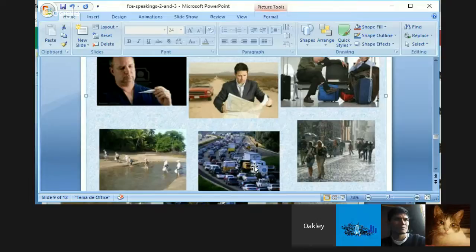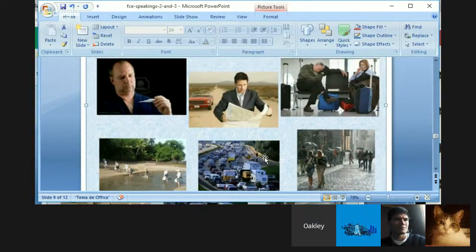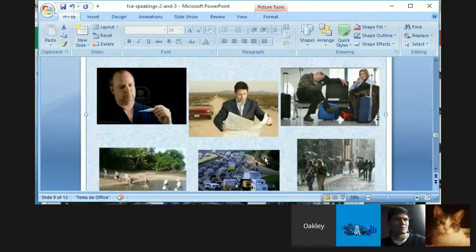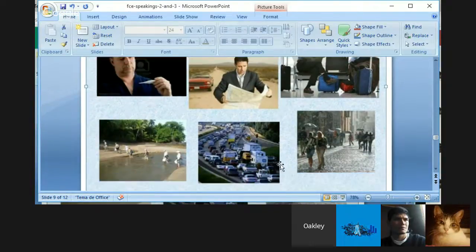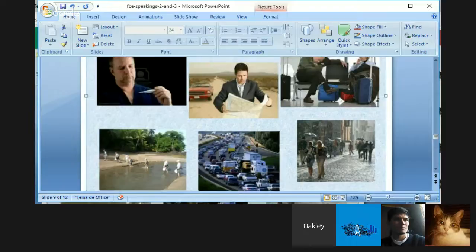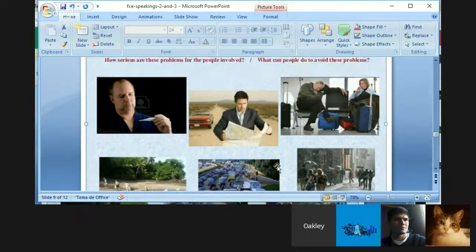I think that's what you're talking about. Preventative medicine, like vaccinations. Oh my God, she's pregnant. The pregnancy test. He's checking if he's pregnant. Okay. Oh boy. Yes, more travel problems that you can have.